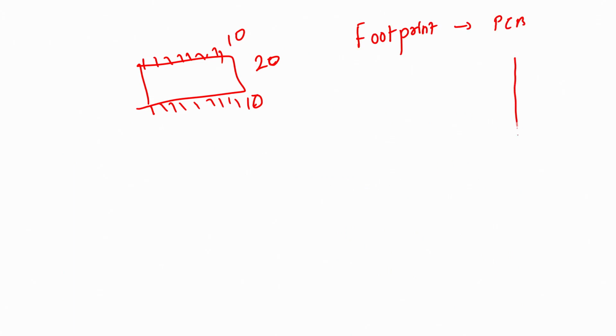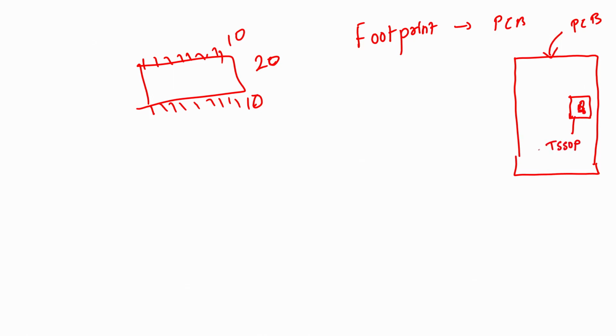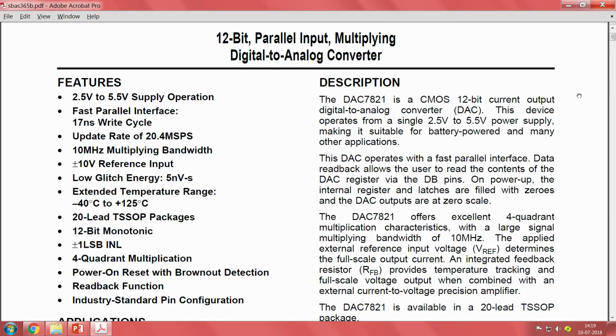Let us say we make a PCB with this DAC. The IC will be placed somewhere, so for this we need to know the package. This is TSSOP with 20 leads, usually called 20 TSSOP or TSSOP 20. Accordingly we have to create the package footprint. You need to remember this when you are making a design. We are always talking from the design point of view.